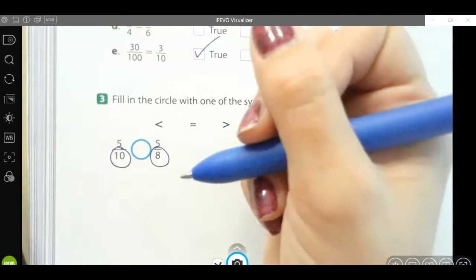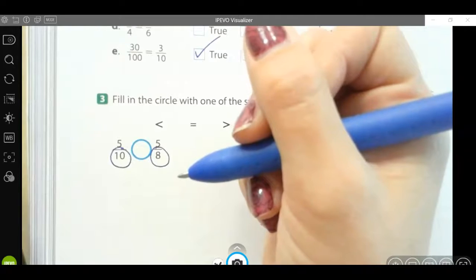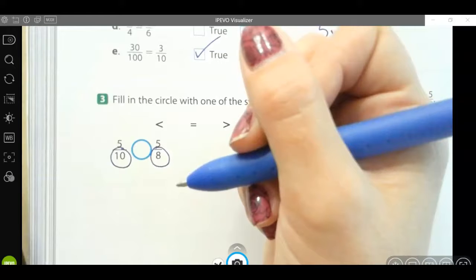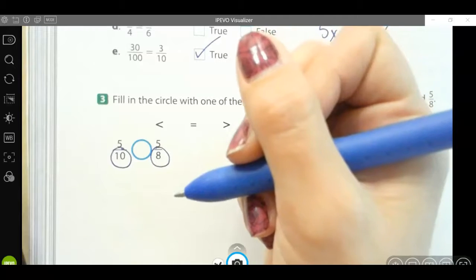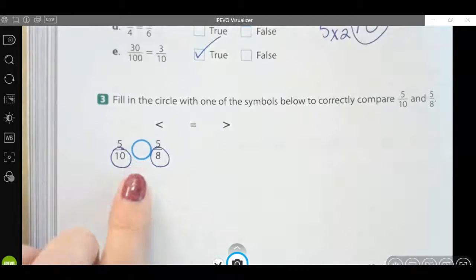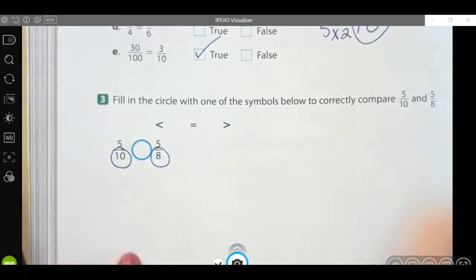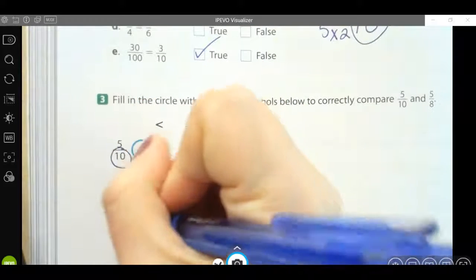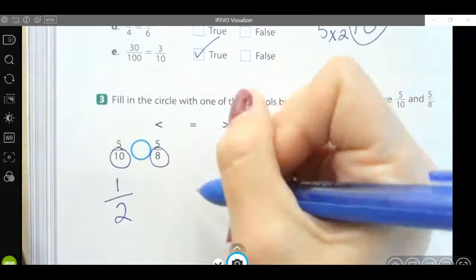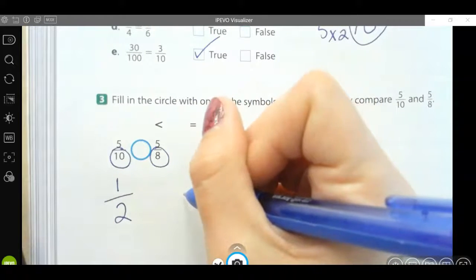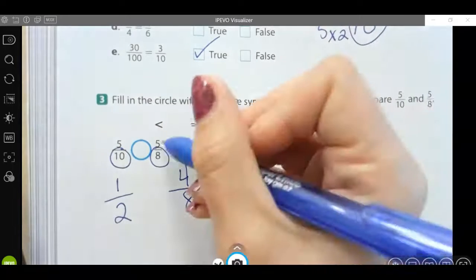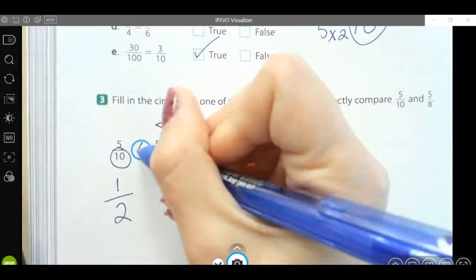So when they have the same numerator but different denominators, the rule is the bigger the number, the smaller the pieces. 5/10 is equal to 1/2, right guys? Yes. So let's figure out what 1/2 of 5/8 would be. 4/8. This is greater than 1/2.